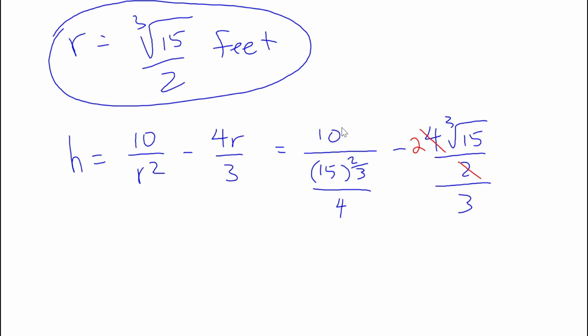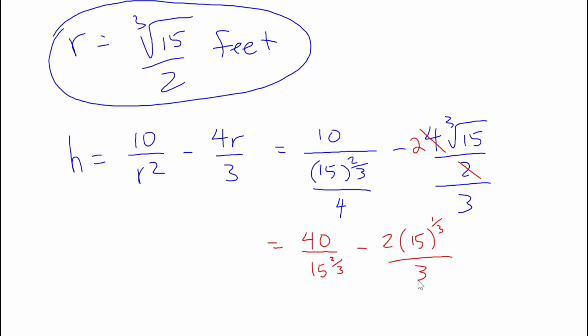If we multiply, or if we do this over 4 here, that should end up giving us 40 over 15 to the 2/3 minus, looks like that's going to be, like we said, 2 cube roots of 15 over 3. So 2 times 15 to the 1/3 over 3. If I try to simplify that down, what else can we do here with this?